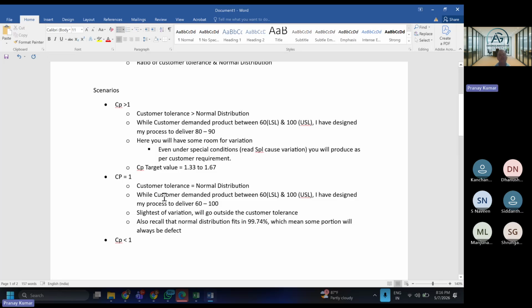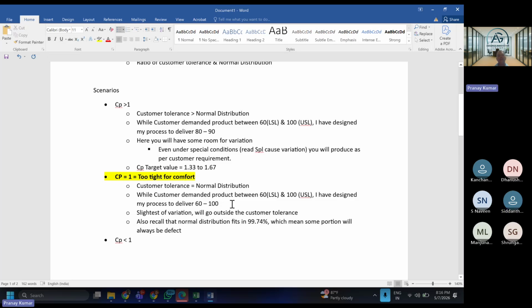So when you say CP equal to 1, you must say that it is too tight for comfort. With me, everyone? Yes, sir.